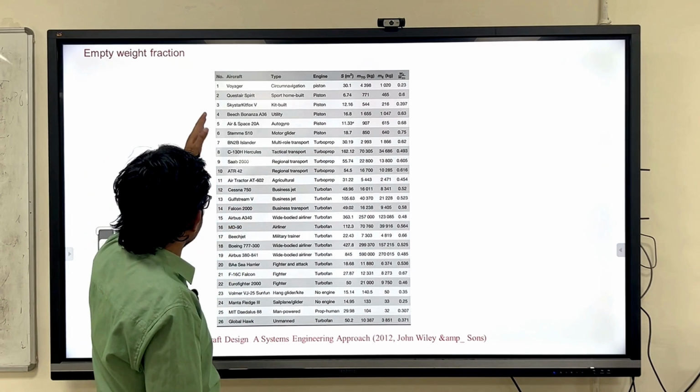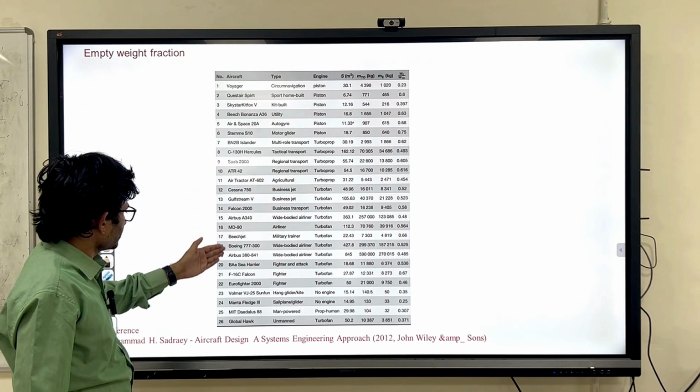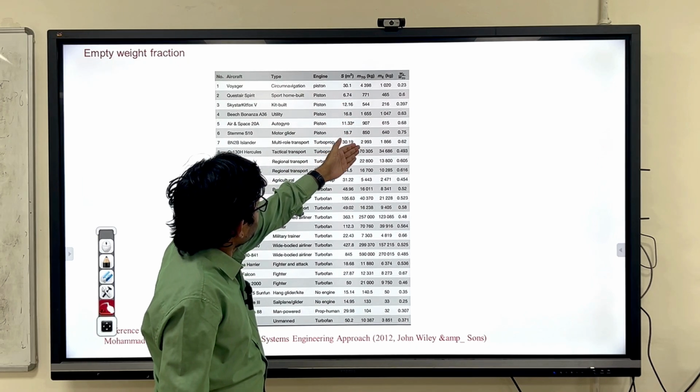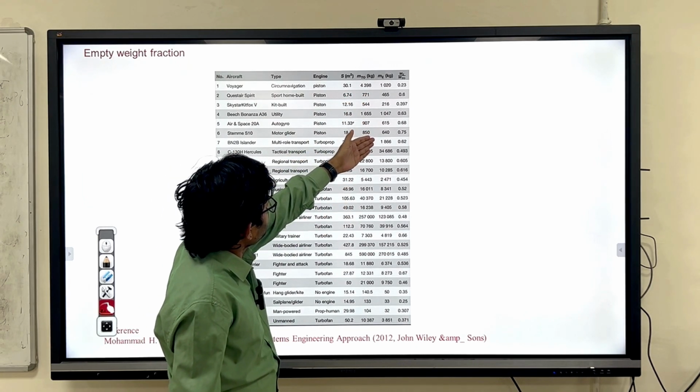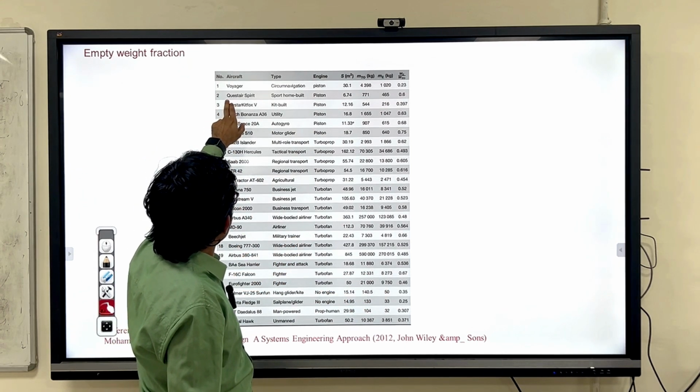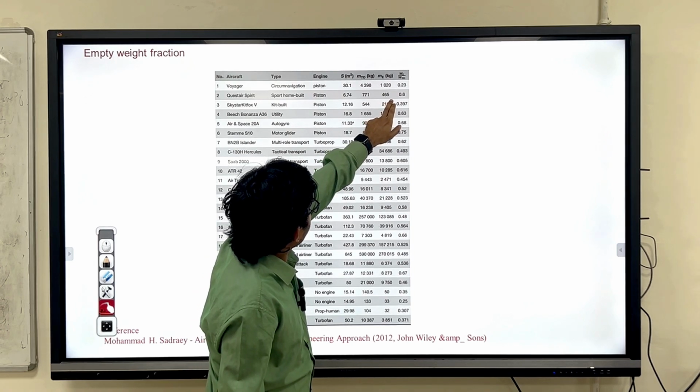So you can see that different kinds of aircraft are listed here, and these are the total mass, this is the empty mass, and this is the ratio. You can see that this kind of coverage is around 0.23.